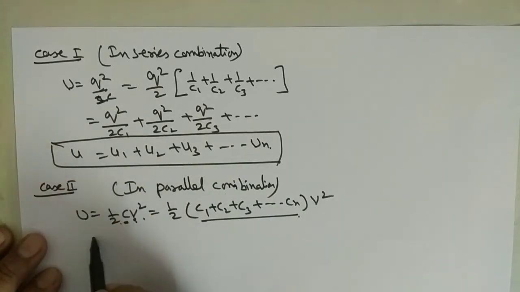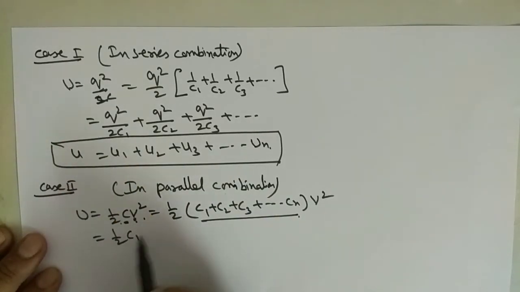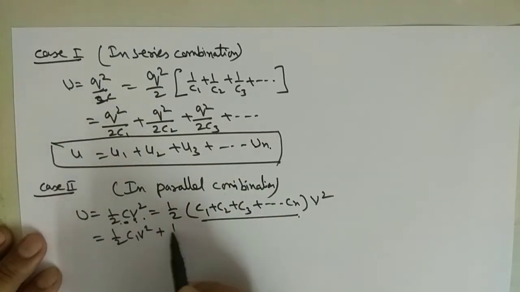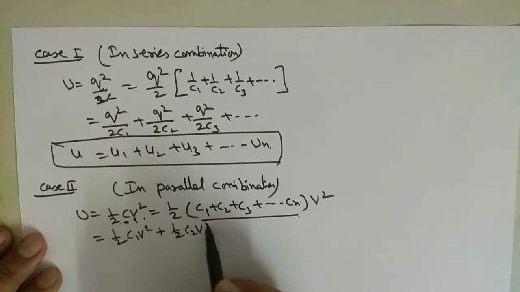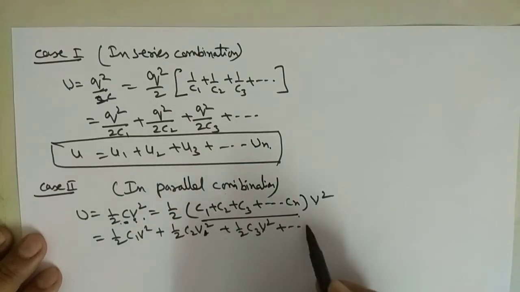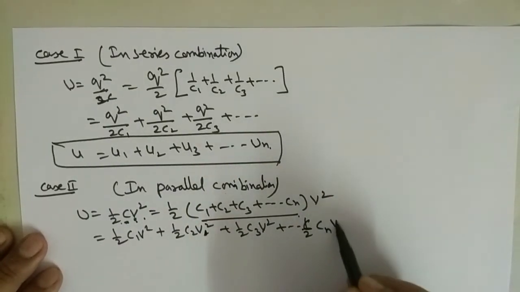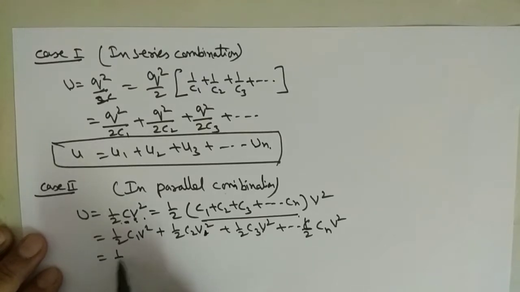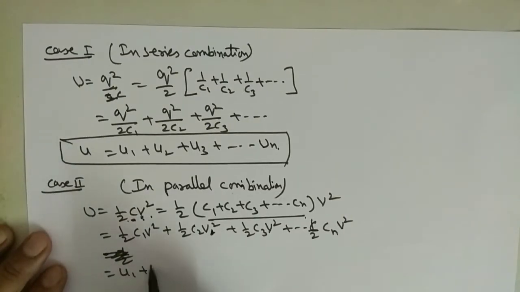So you can write half C1 V square plus half C2 V square, only the V, plus half C3 V square, like this, up to half Cn V square, suppose n capacitors are there. So simply we can write U1 plus U2 plus U3 up to Un.